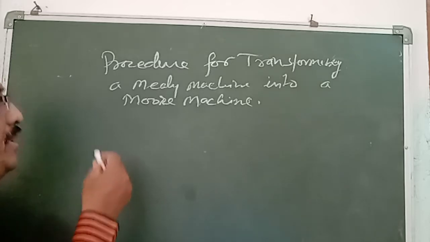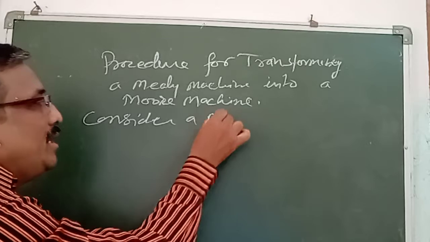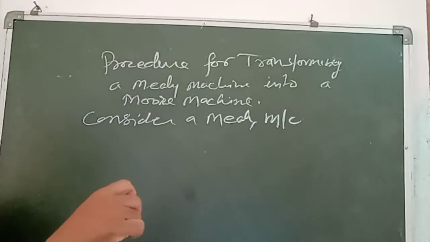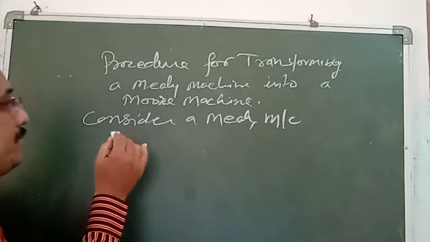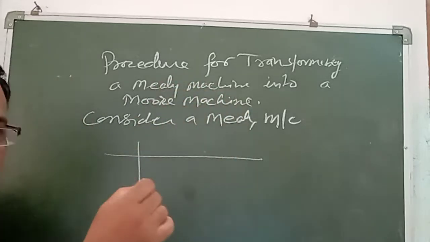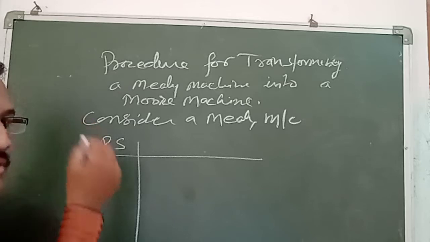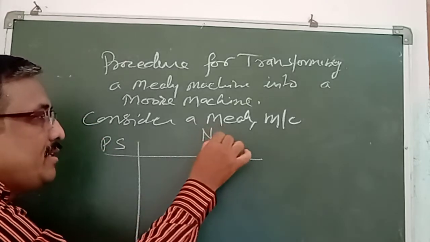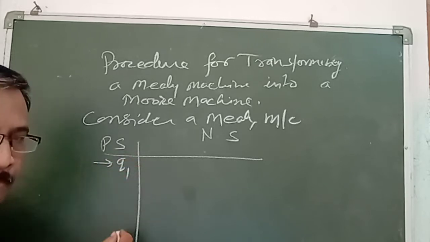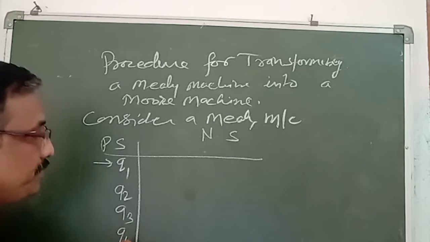Now consider a Mealy machine. This is an example. Consider a Mealy machine described by the given transition table, in which present states, next state, present states Q1, Q2, Q3 and Q4 are there.